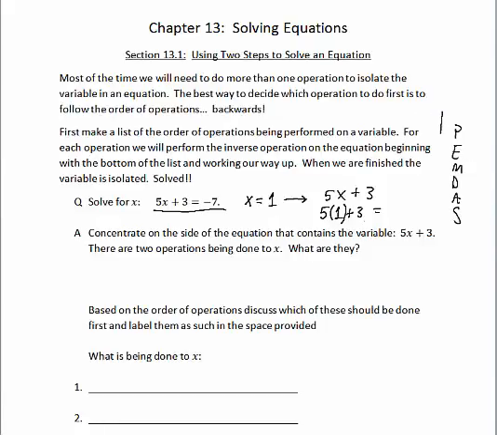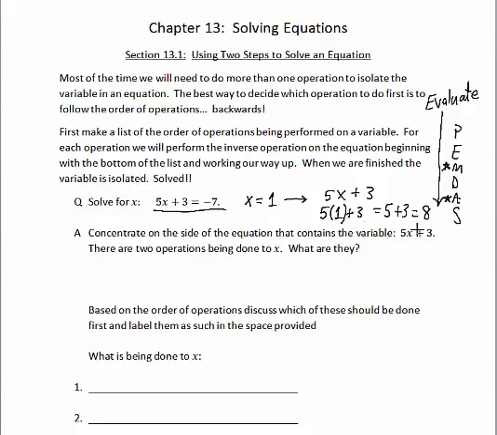So to evaluate an expression, we go down the list. The first thing we run into is multiplication, and then the second thing is addition. So we multiply by 5, add 3, and we get 8.